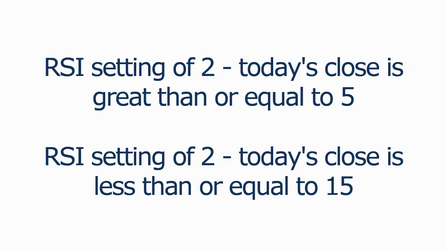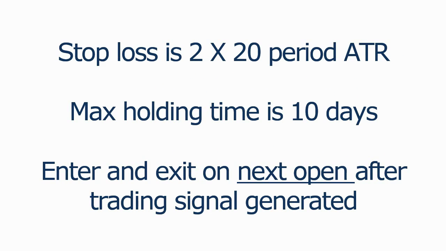So right there, we're looking at what? We're looking at something that has been oversold. Also consider that our stop loss is going to be 2 times a 20-period ATR. We're going to hold this trade for a maximum time of 10 days. And our entry and our exit is going to be on the next open after the trading signal is generated.